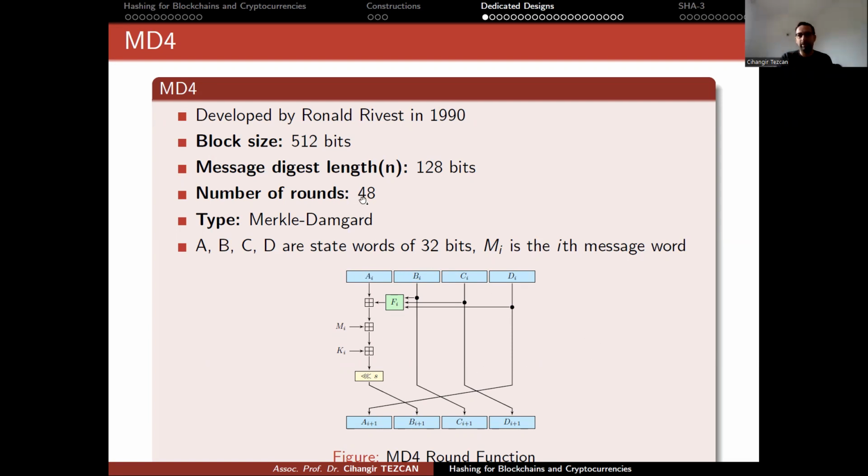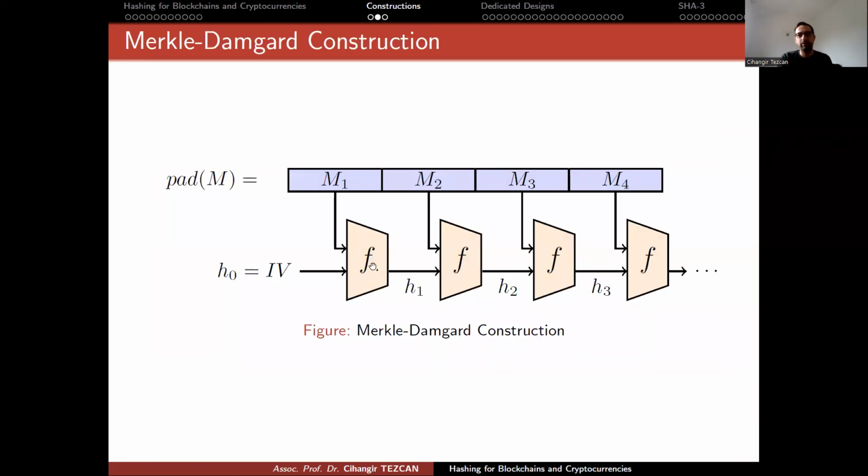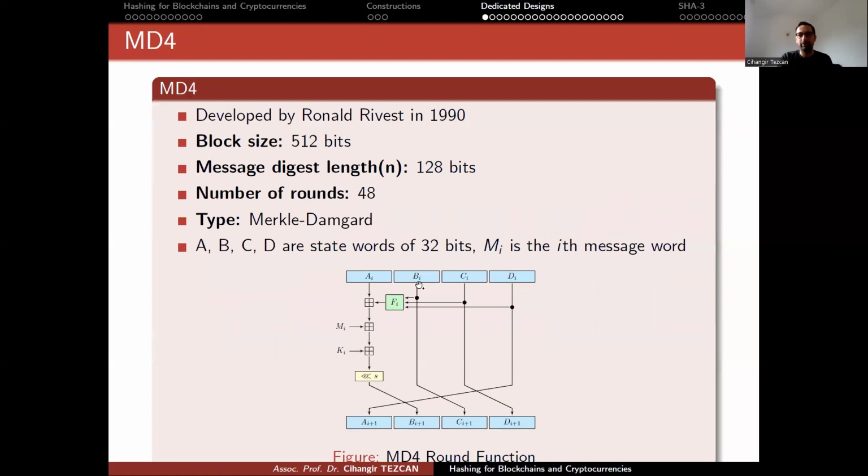You do it 48 times to feed one single message block of 512 bits. At the end, the values here will be used to produce the output. So it is as simple as that, but don't forget that if you go back to the Merkle-Damgard picture, this F function is actually 48 rounds of this picture.